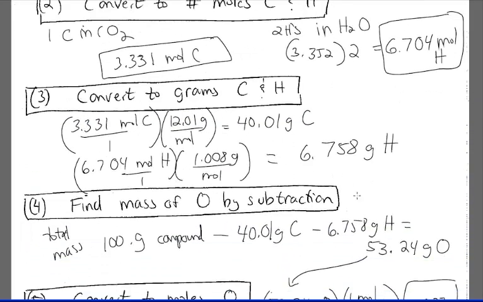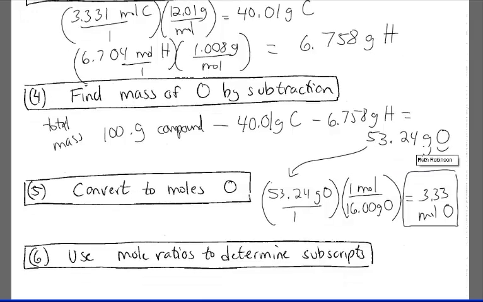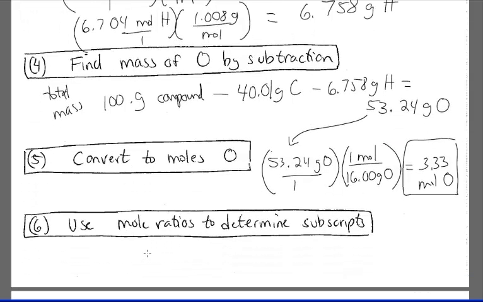And you can probably tell the ratio right now. We have about 6 2/3 divided by 3 1/3, and another 3 1/3. Okay, so you may be able to figure that out already in your head, but let's do it officially. 6.704 moles of hydrogen, and we have pretty much the same amount of both carbon and oxygen.